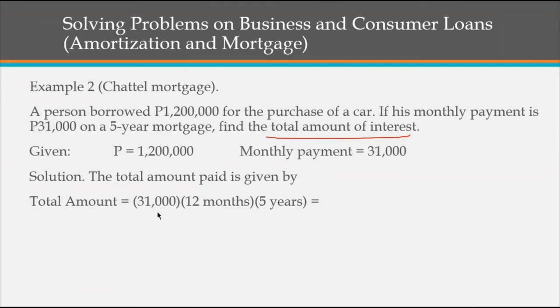Siyempre, kuhanin lang natin yung product na yun. 31,000 regular payment. Then, for 12 months. Kasi monthly payment, di ba? Then, in 5 years. Pag kinuha natin yung total amount, 31,000 times 12 times 5 years, we have 1,860,000.